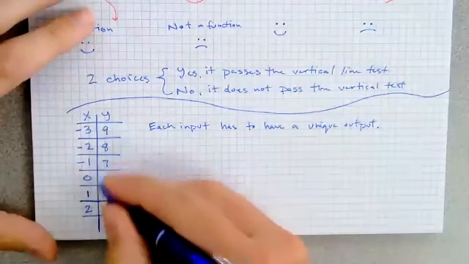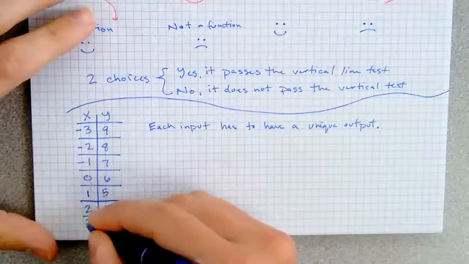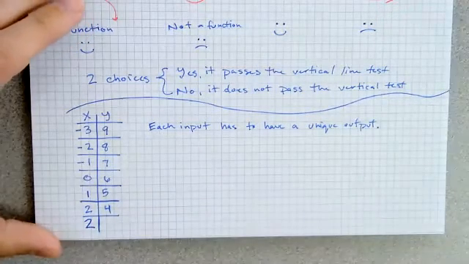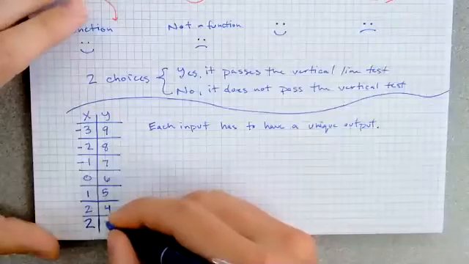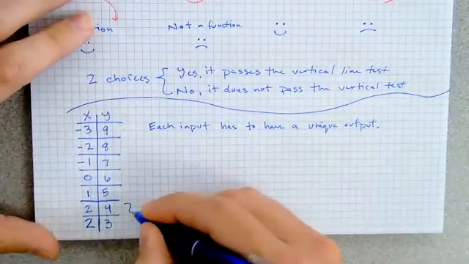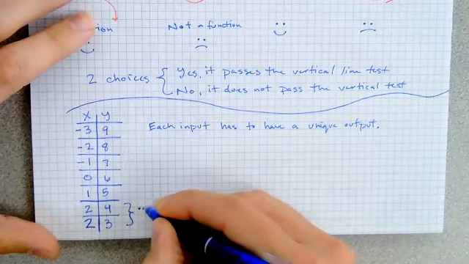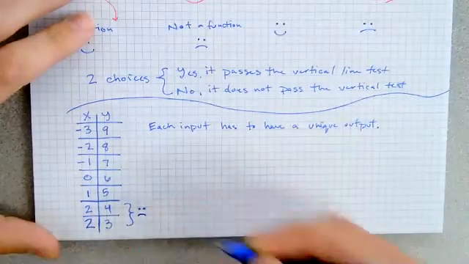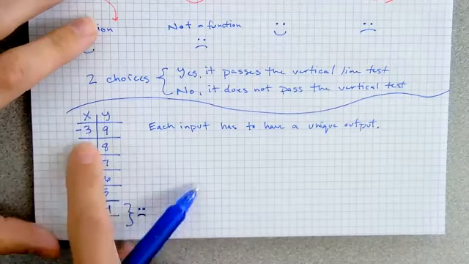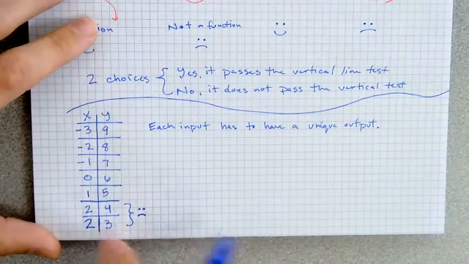But if I added the same input like 2, and I gave it a different output like 3, okay, this is bad. You can't have the same X value have different Y values.